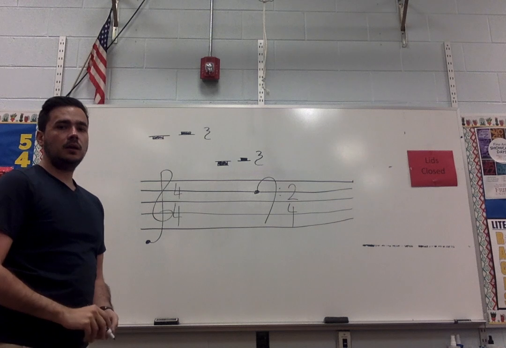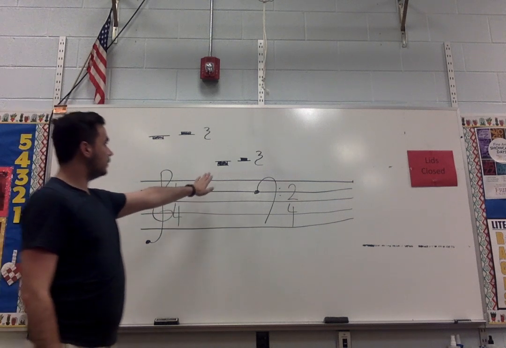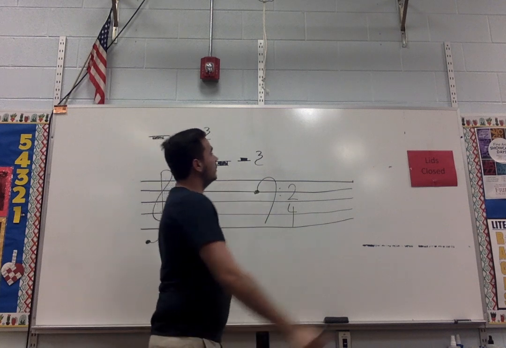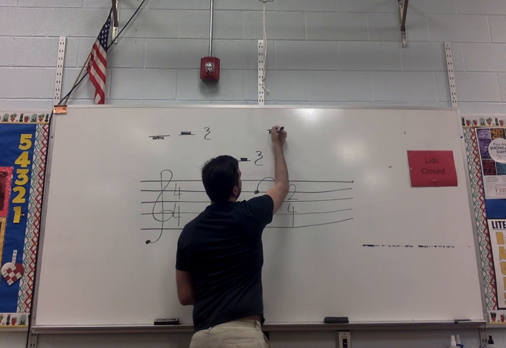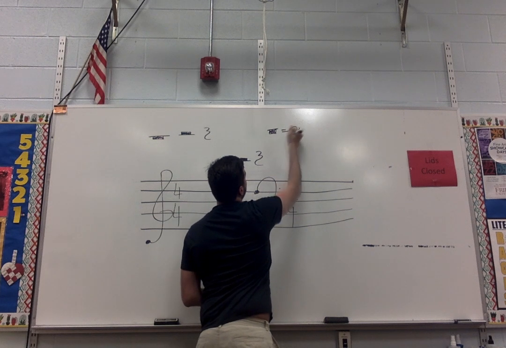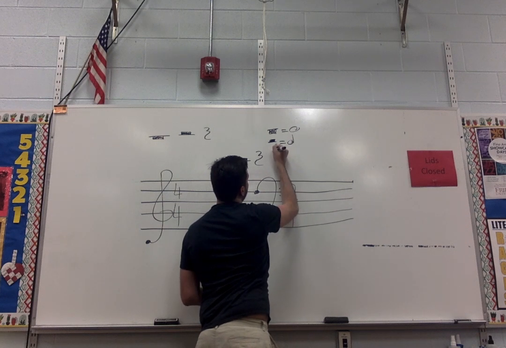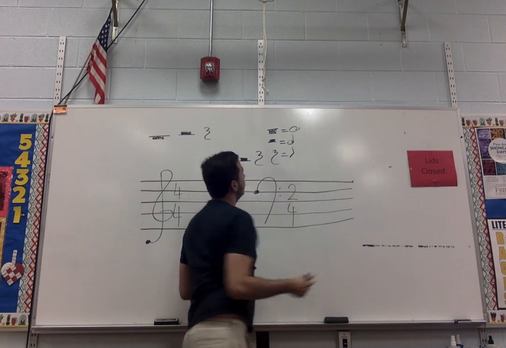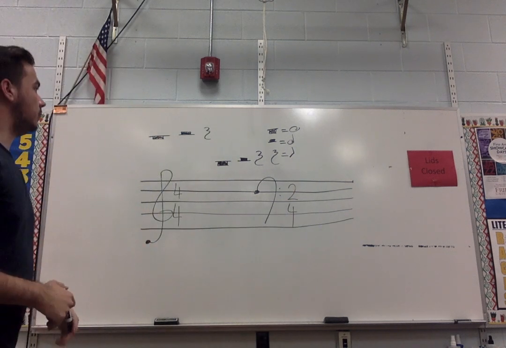And each of these have their same equivalent note. So the whole rest is equal to a whole note. Half rest is equal to a half note. Quarter rest is equal to a quarter note in the amount of the note value.